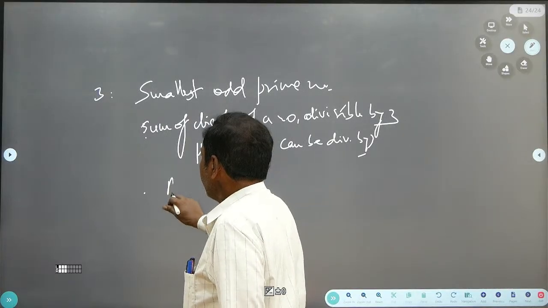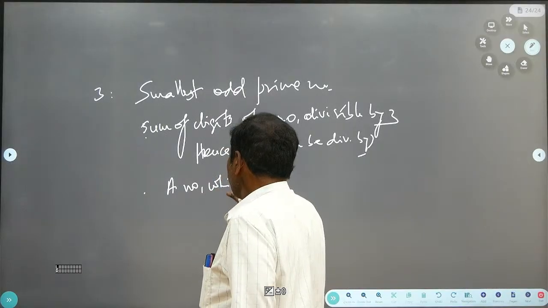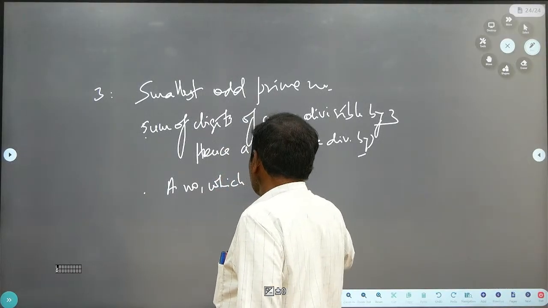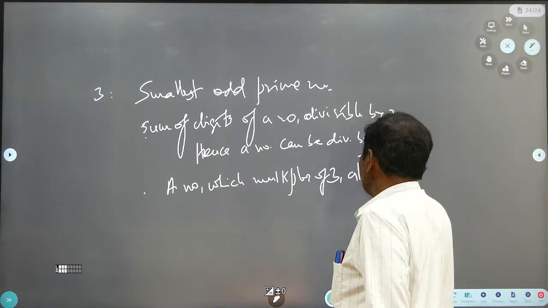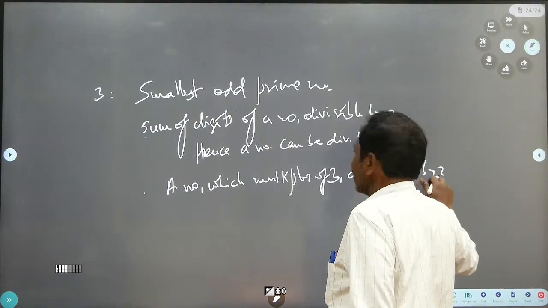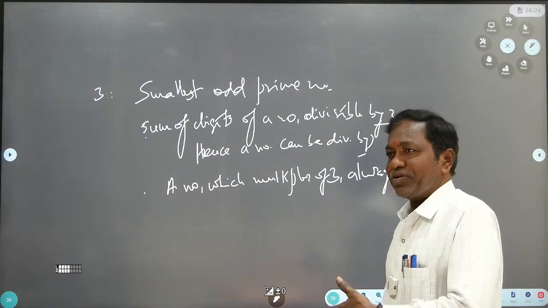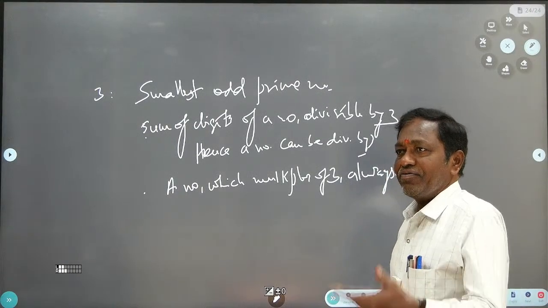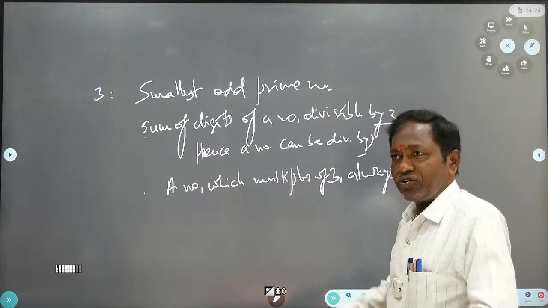You can put one more like that: a number which is a multiple of 3 is always divisible by 3. We'll write it for every number, whatever we can, and after that we can shortlist the things.